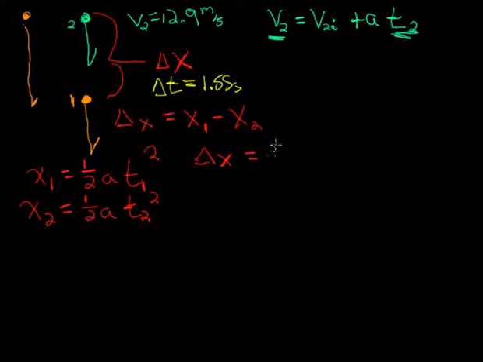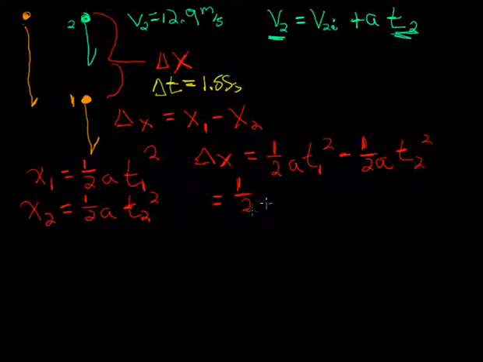is equal to 1/2 a t1 squared minus 1/2 a t2 squared. Well, we have a GCF of 1/2 a here. Bring out 1/2 a, t1 squared minus t2 squared. Well, I like this.